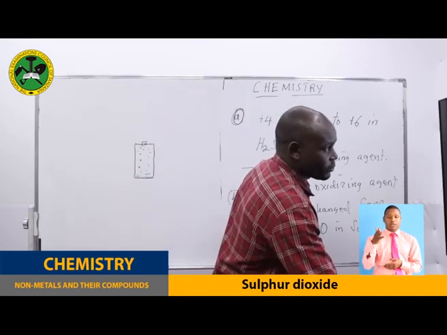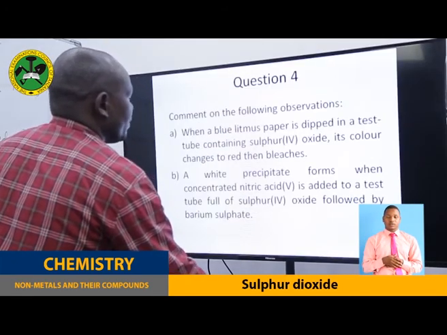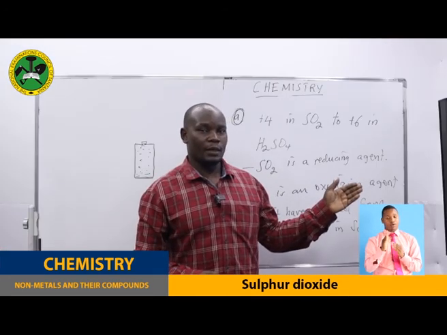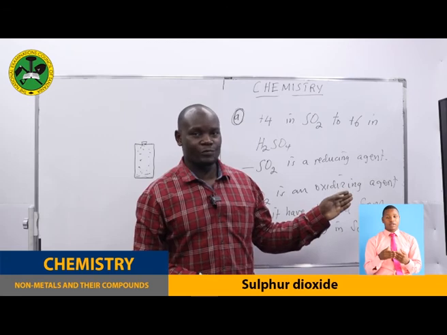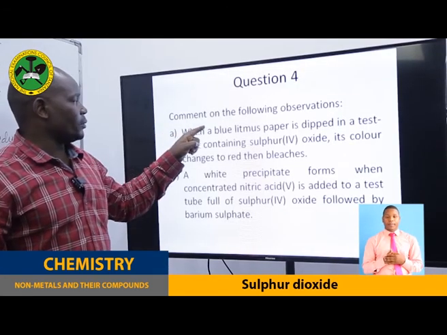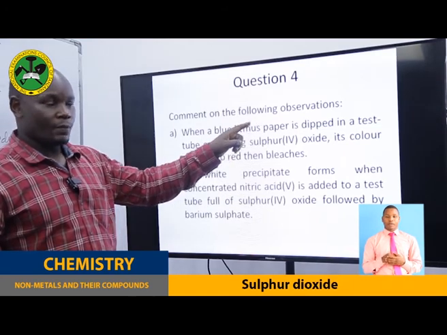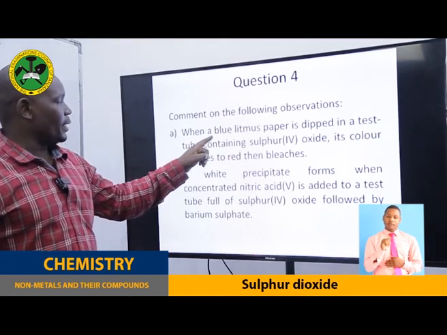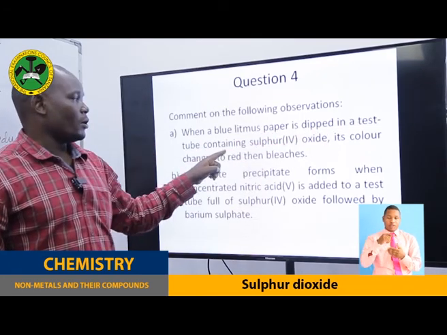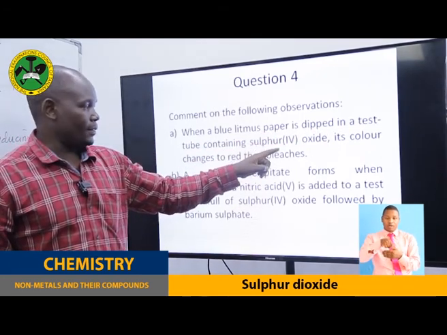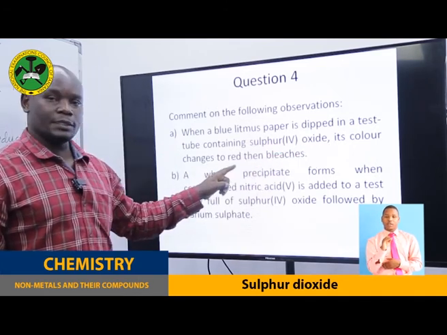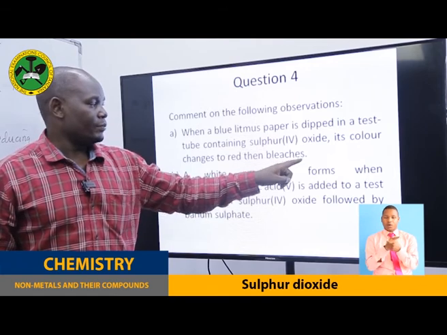From there now, my dear students, this question number 4 is your assignment. So it's your task now to do it. And I'm going to read for you, so you have to copy it. Now, the question is, comment on the following observations. A, when a blue litmus paper is dipped in a test tube containing sulfur 4 oxide, its color changes to red, then bleaches.